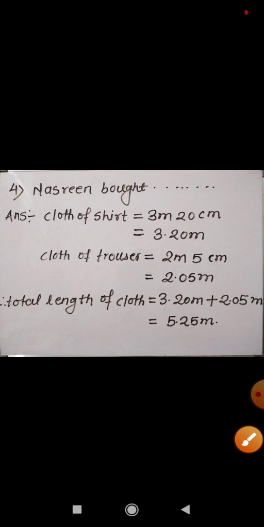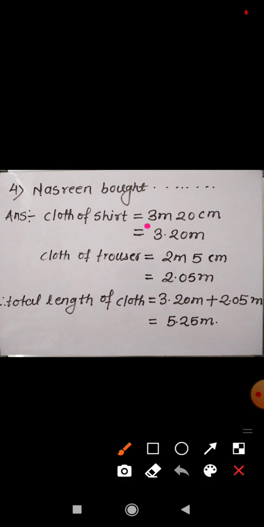Here I have converted the units meter and centimeter into meter only. See, the number 3 is already in meter, so we can keep it as it is. And to express 20 centimeter as a meter, we need to divide it by 100. That we have already seen in exercise 8.4, right? So 20 divided by 100 is 0.20 and 3 plus 0.20 is nothing but 3.20 meter, right?